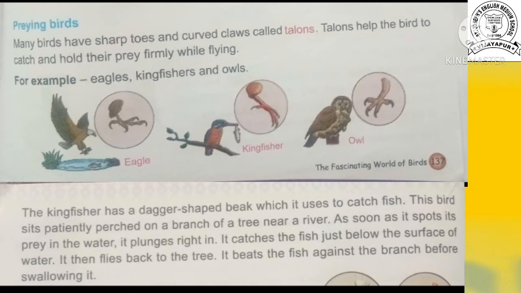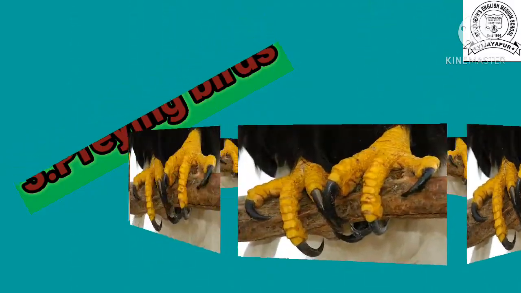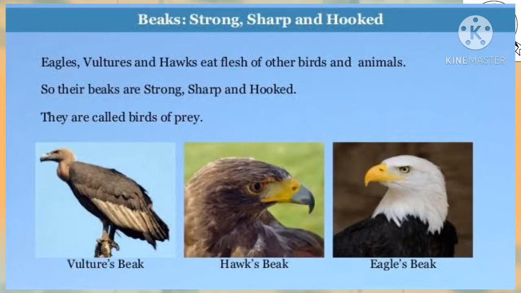Now children, I will explain the next birds, that is the preying birds. Our next type of bird, the third type, is the preying birds. So listen, what are preying birds? Preying birds like eagle, kingfisher and owl have sharp toes and powerful claws, which are called talons.